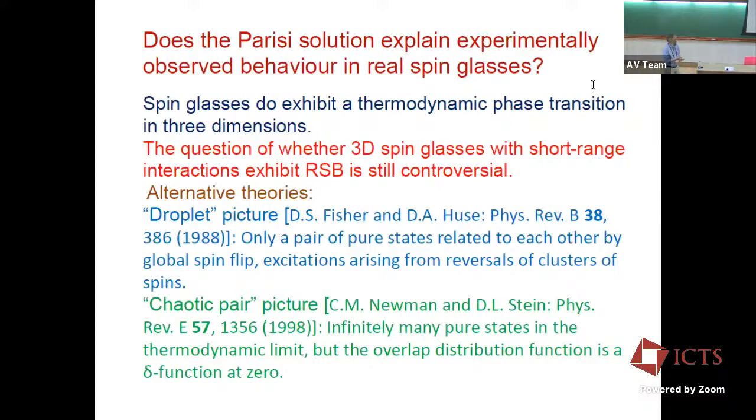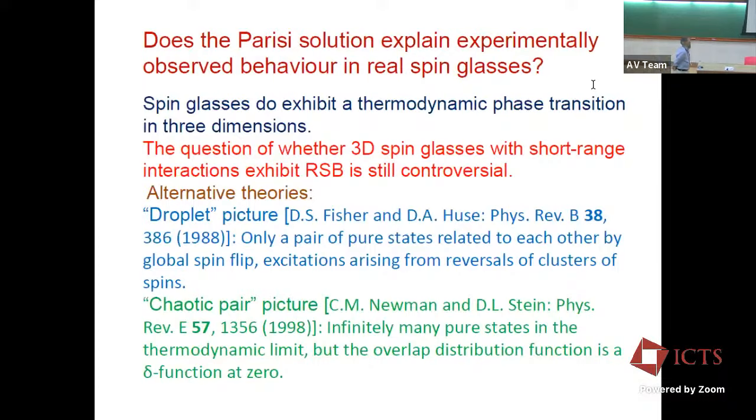You probably remember this. We had this Parisi meeting where Parisi was asked, is there any sort of clinching numerical evidence that says that this kind of RSB picture is valid in short-range models or not? And he didn't give a clear answer.